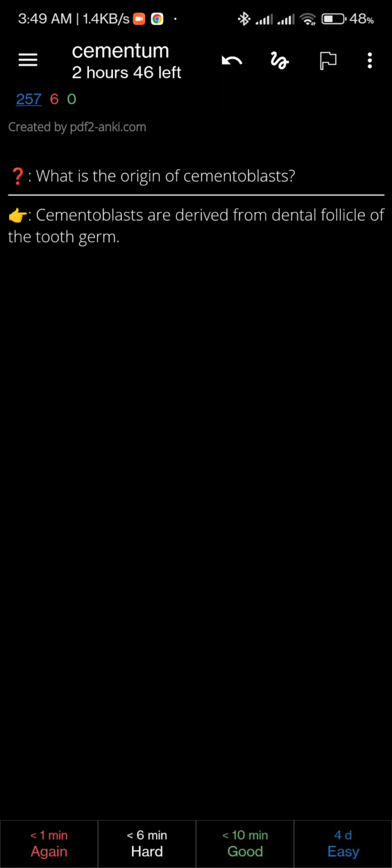What is the origin of cementoblasts? Cementoblasts are derived from the dental follicle of the tooth germ.